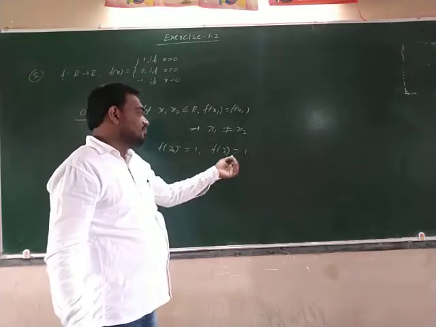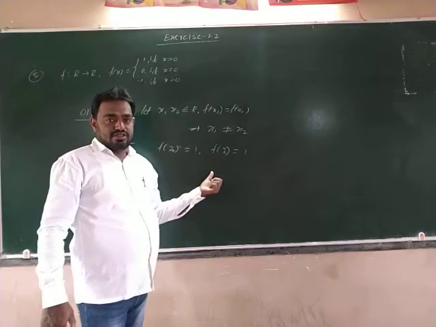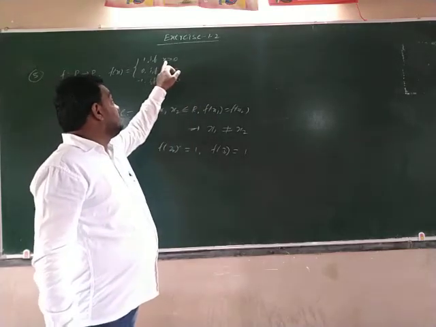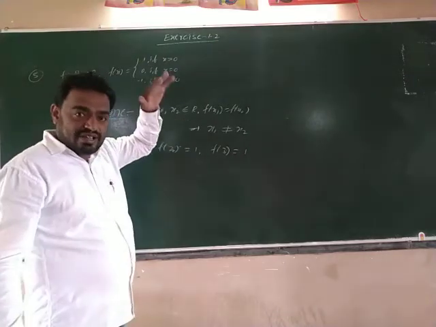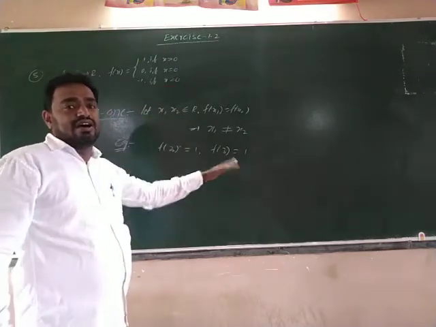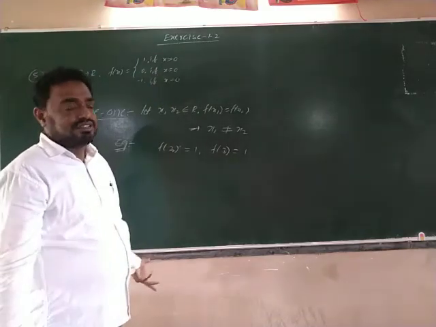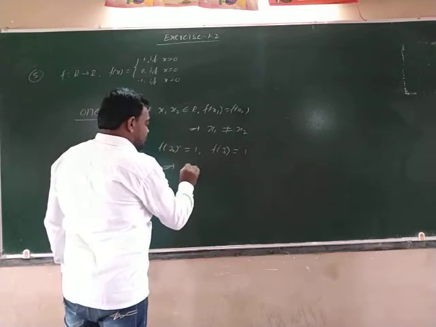That means the elements don't have unique pre-images. So for all values greater than 0, the image is 1 only. So it is not a one-one function.